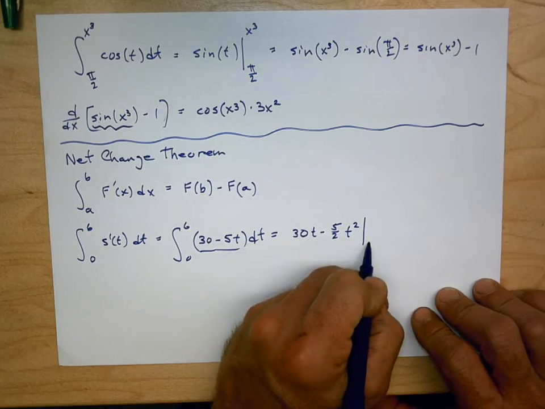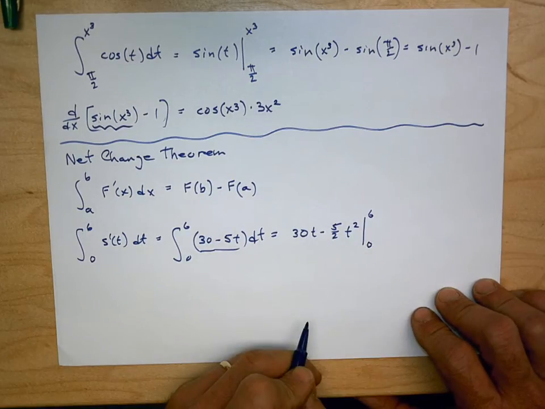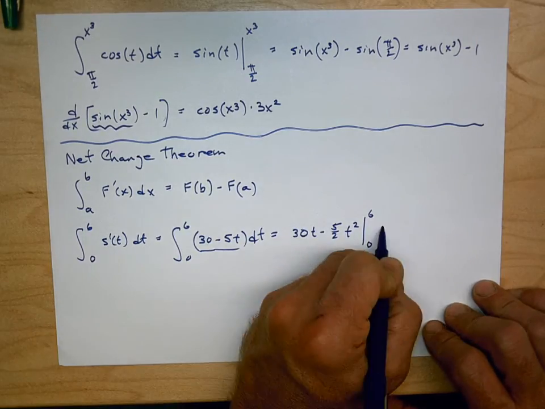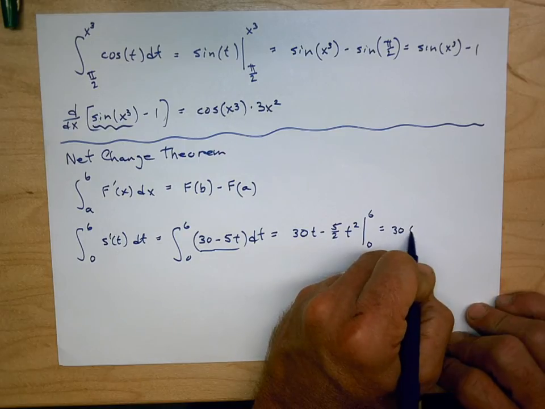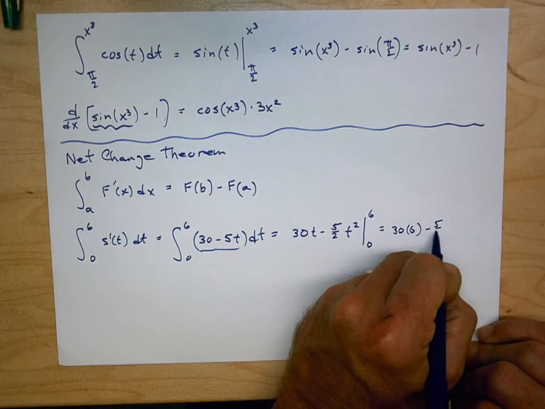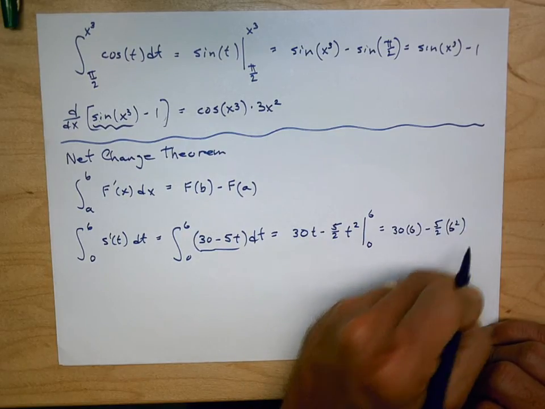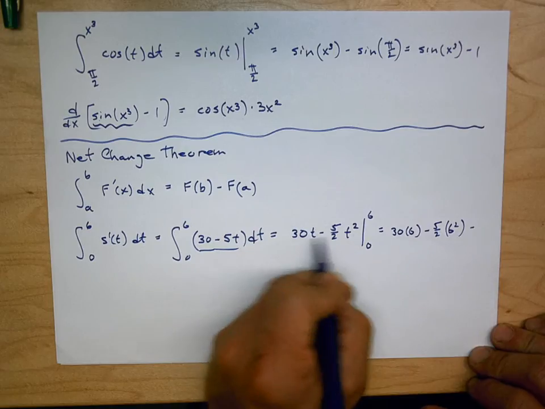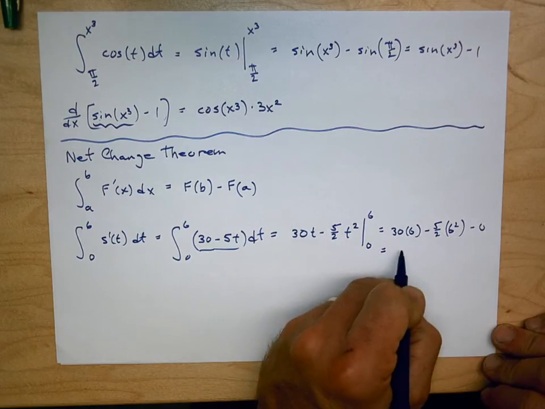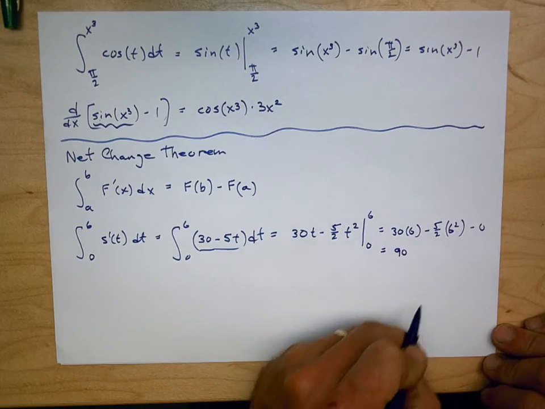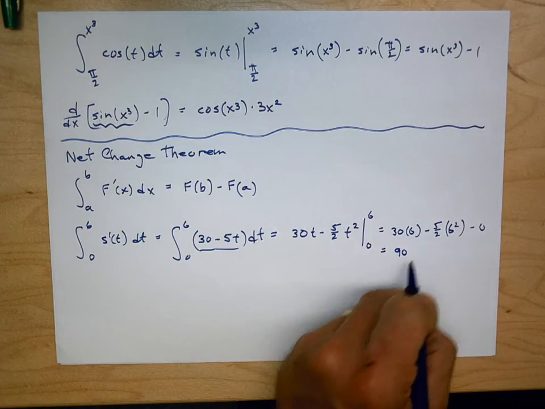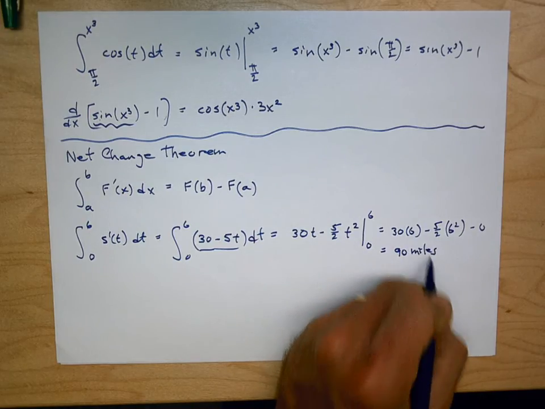And we evaluated it at 0 and 6. All right, so if we do that, we get 30 times 6 minus 5/2 times 6 squared minus, when we plug in 0 here, that whole thing becomes 0. And if you recall, if you watched that first part of the Fundamental Theorem of Calculus lecture, you know that we got 90 miles. So this was our net change.